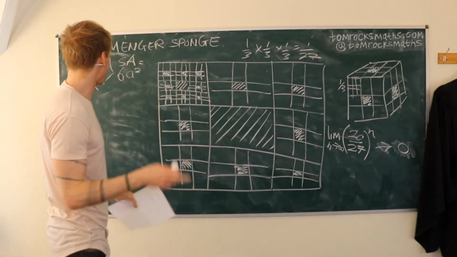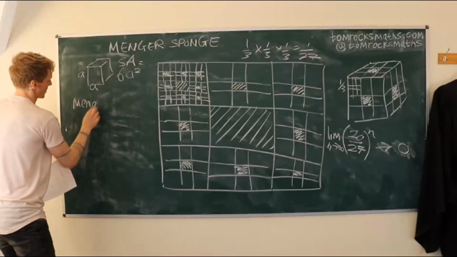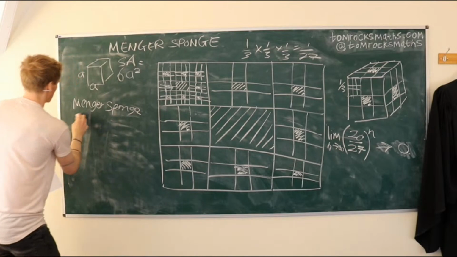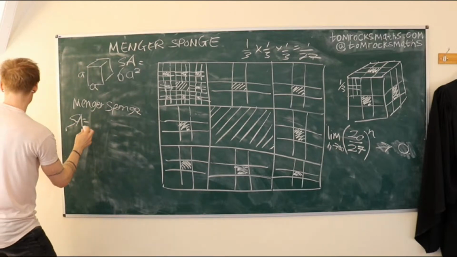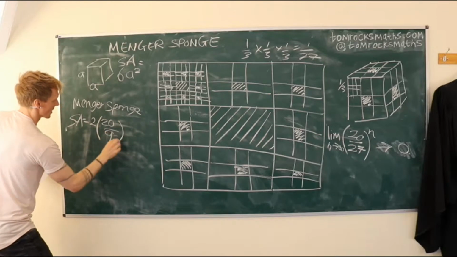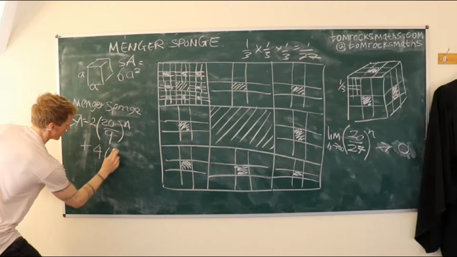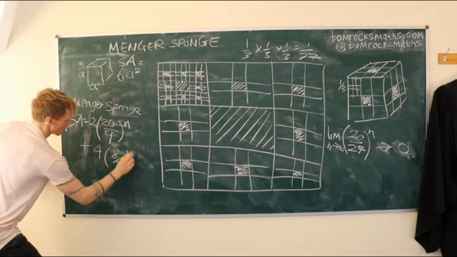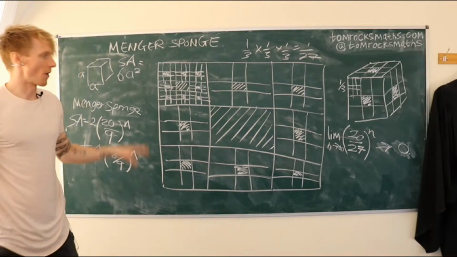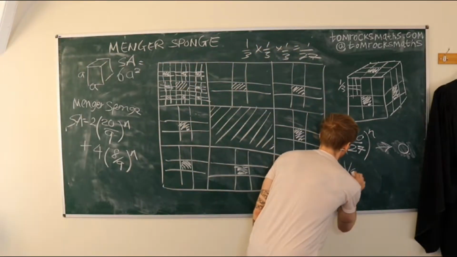But if you calculate the surface area for your Menger sponge, the surface area is equal to 2 times 20 over 9 to the n plus 4 times 8 over 9 to the n.